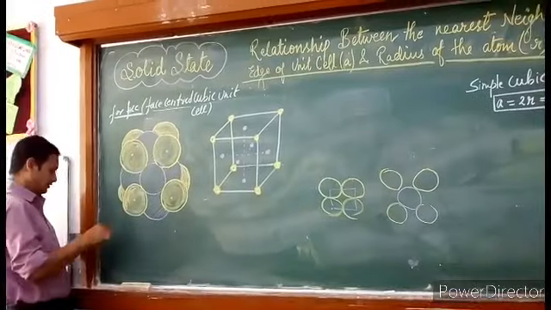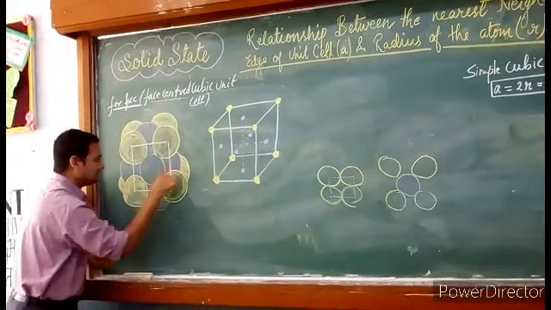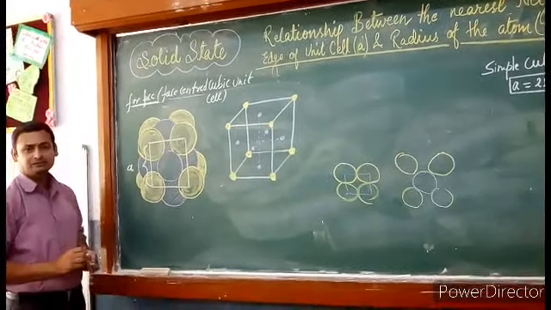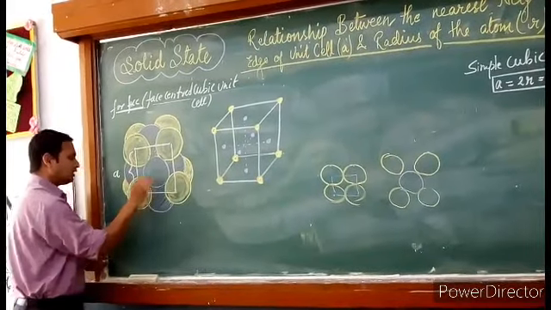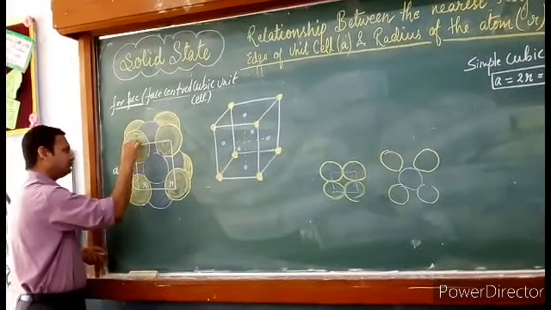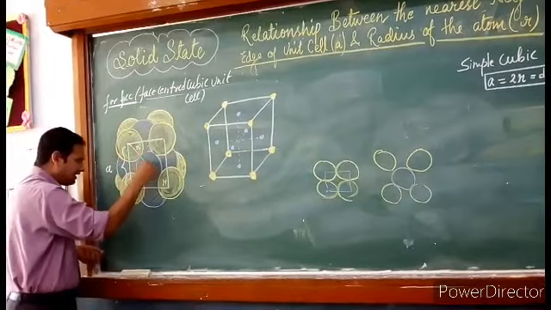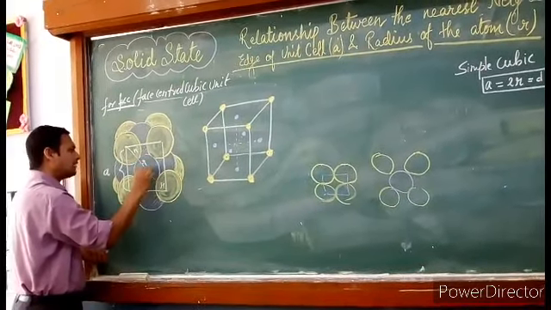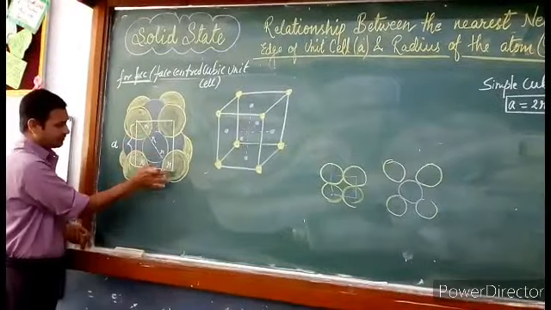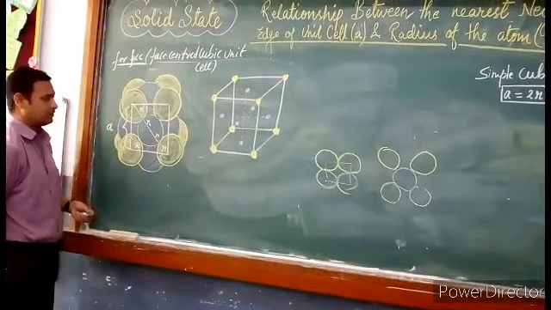And in this case, if we try to observe the edge length, suppose it is A, and the radius of the atom is R. The diameter for this atom will be R and R, 2R, and if I join this line, the line in the face represents the face diagonal. ये एक face है और इसके बीच में हमने रखा है diagonal, face diagonal.